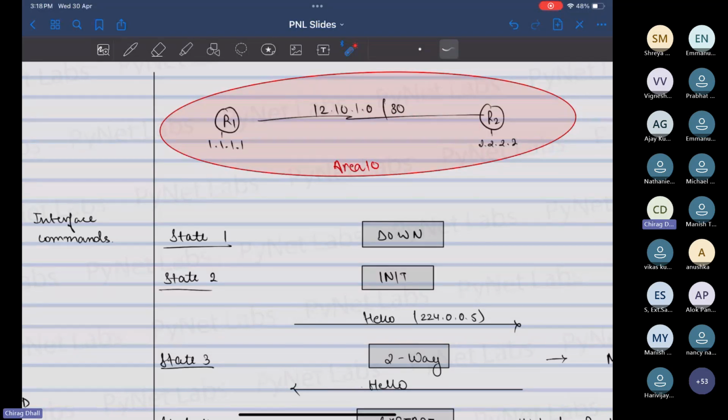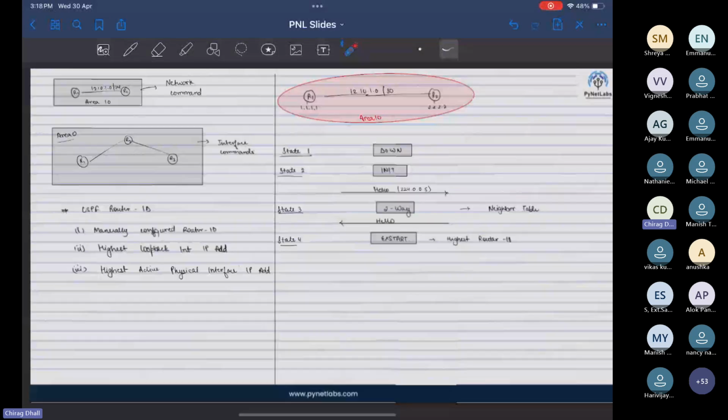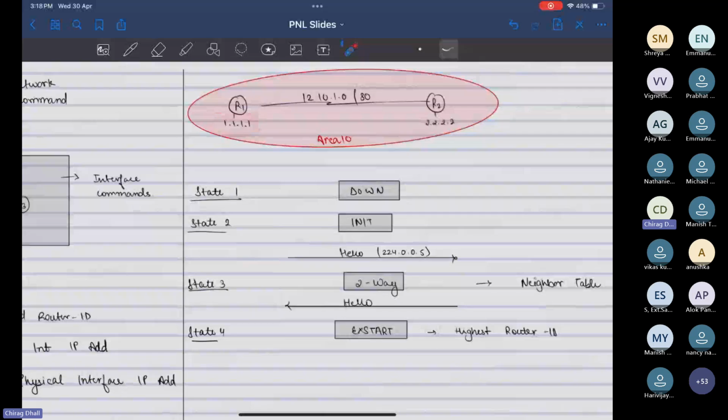We have a question: how can an IP become a router ID in case there is no manual configuration? Like I told you, here I have given a manual router ID config, right? But what if this configuration is not there? Then we will check if R1 and R2 have some loopback IP. We'll try to find out if a loopback interface is there. But let's say loopback is also not there. There is no manual configuration of router ID. We just have these two routers connected to each other on the 12.10.1.0 network.